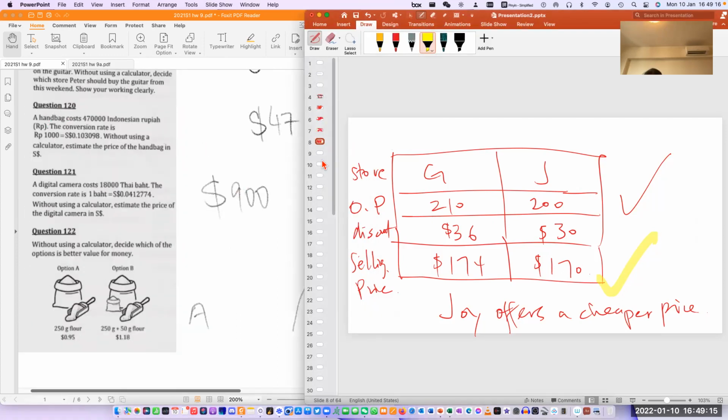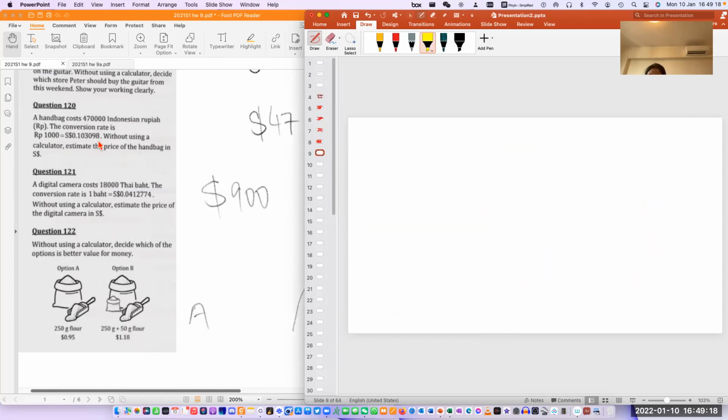Question 120. Okay, so it's about currency exchange, or foreign exchange. A handbag costs this much, and the conversion rate is this. So you use 4740, divide by 1000, so cancel, you get 470, and then you times this.